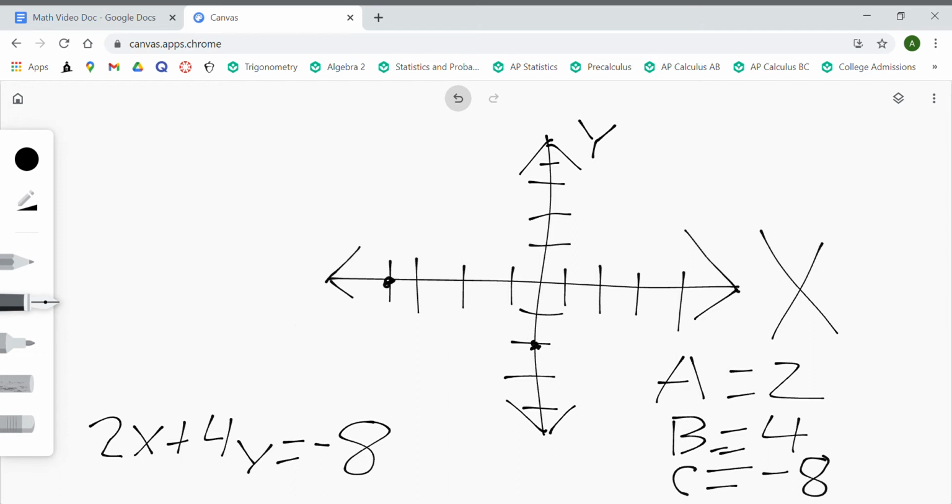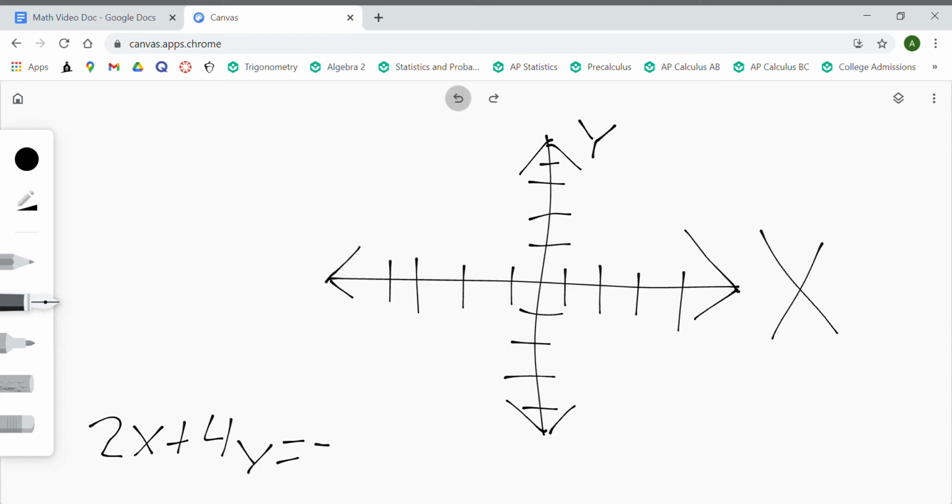Now, we just draw a straight line through. And that's why you have to use a straight edge on this, because I missed the y-intercept there. Alright, I'm just going to clear all this out the easy way.